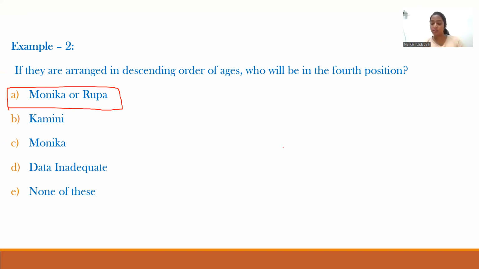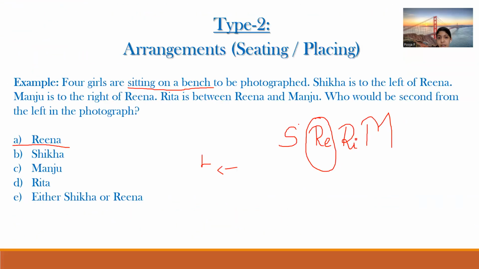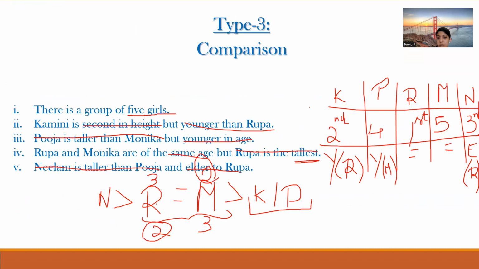So you have that option available, Monica or Rupa. It could be either one of them. Ma'am, our answer is Kamini or Pooja, no? It should be the second. The question is, it should be second. So who's in the second position? Rupa or Monica? I said the answer, Monica, but I forgot there is an or option between Rupa and Monica. See, the order that we came up with, Neelam is older than Rupa. If Neelam is older than Rupa, she is also older than Monica. So Neelam is the oldest in terms of age.